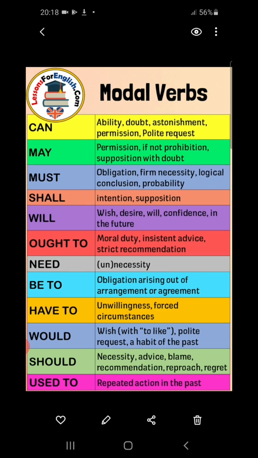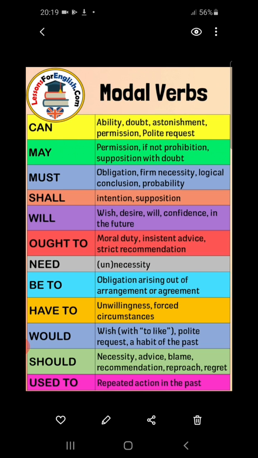Next one, will. It expresses desire, wish, will, confidence, something in the future. Ought to, which expresses moral duty, insistent advice, strict recommendation.